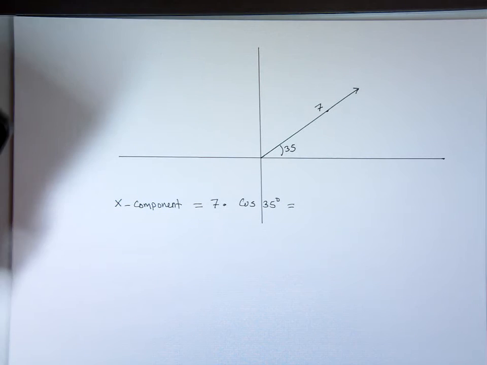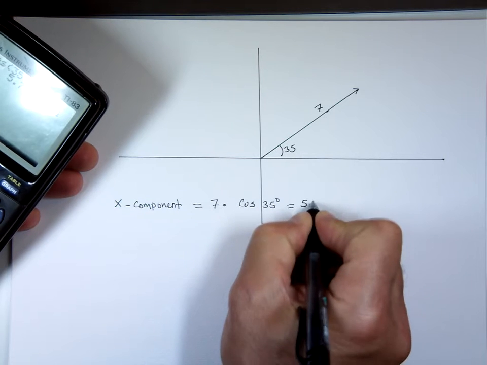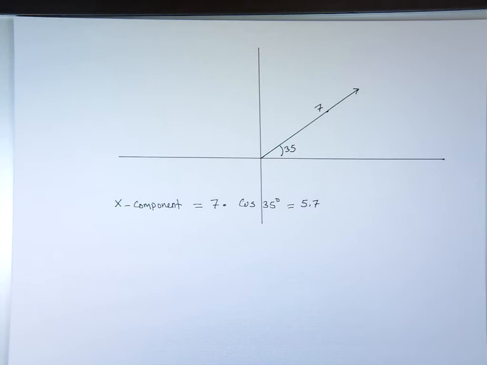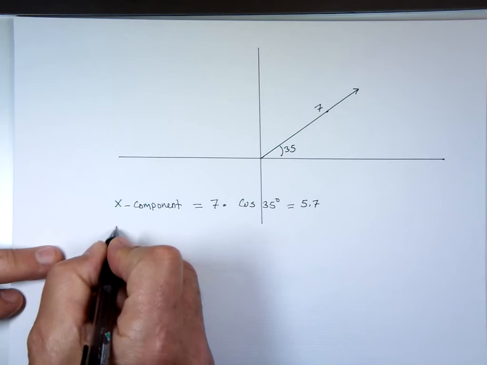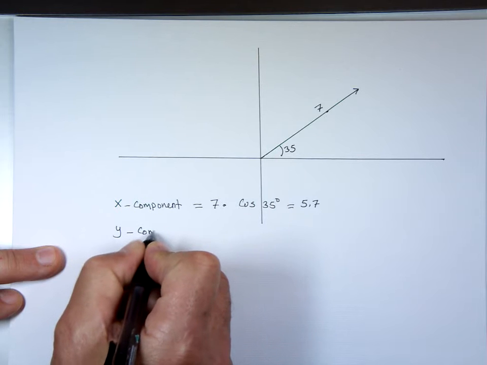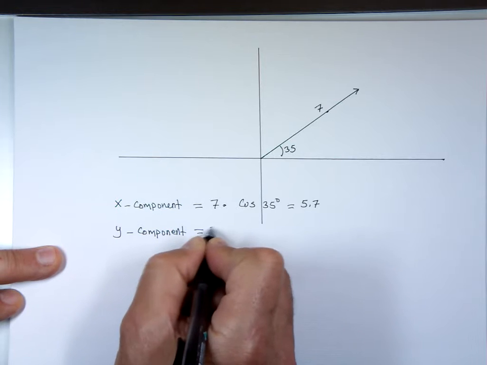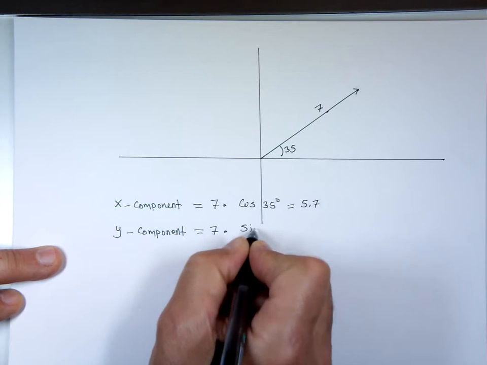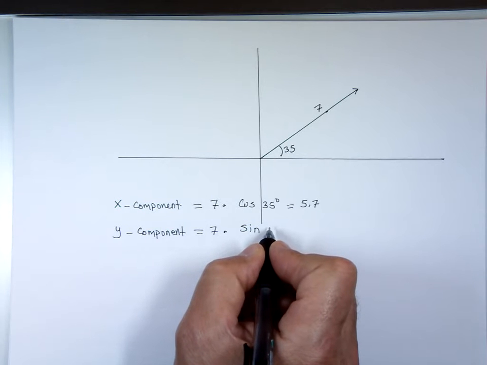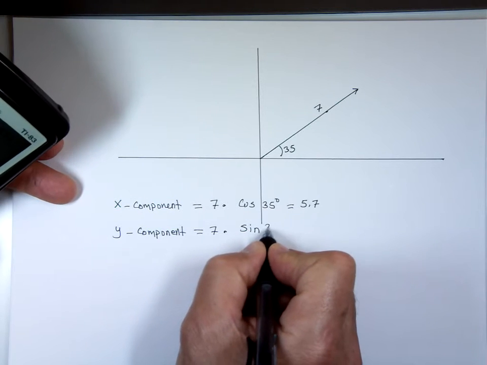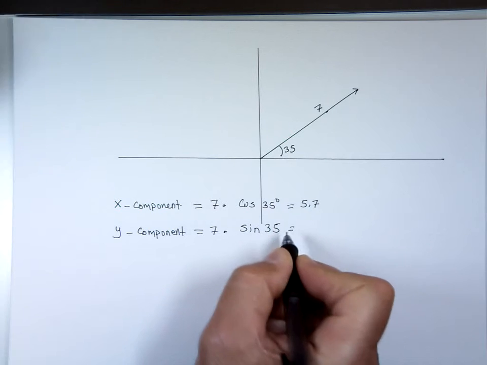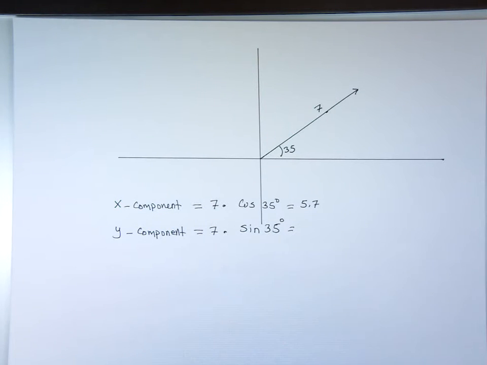And I got 5.7 roughly. And the y component equals what? 7 times sine of 35.